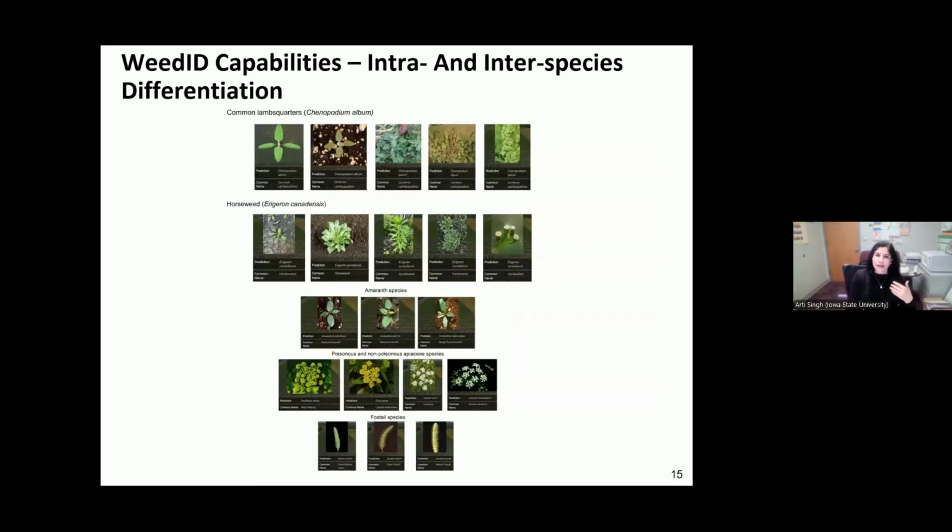Then we started testing how early a weed it can identify. We tested this on a lot of weeds. We started with the Midwest weeds, and we found that not just when the weeds are 3 or 4 inches, in some cases it can identify weeds when they are even smaller than 3 to 4 inches. And we found that look-alike species, same genus, different species, like the Amaranthaceae family, poisonous versus non-poisonous, these foxtail species, which look very alike, it can identify them with very high accuracy.